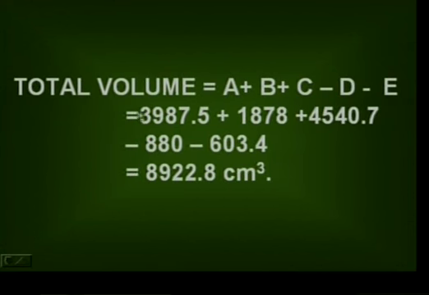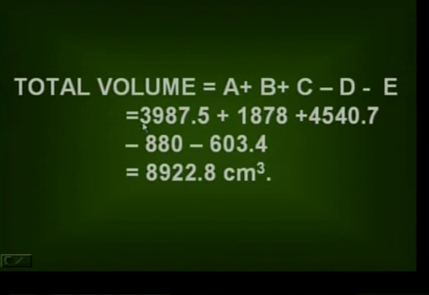The total volume of casting: part A is a cylinder, part B and part C both are frustum of cones, and part D and E are hollow cylinders. So, they are subtracted here.